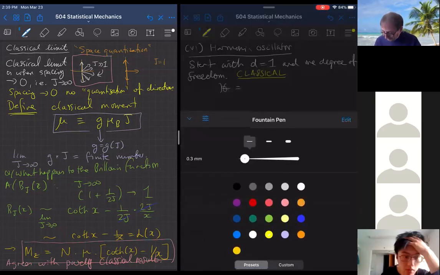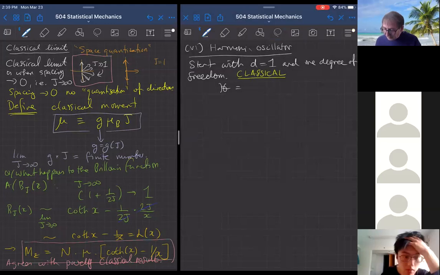Then our Hamiltonian is just 1/2 omega squared q squared plus p squared over 2m.